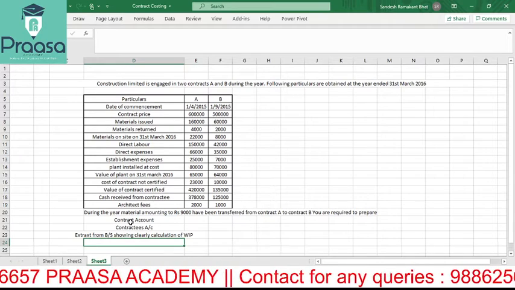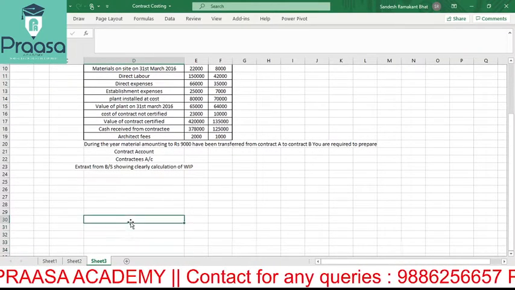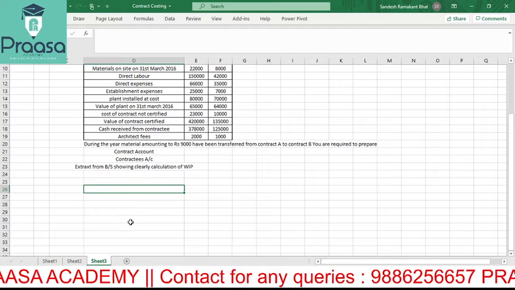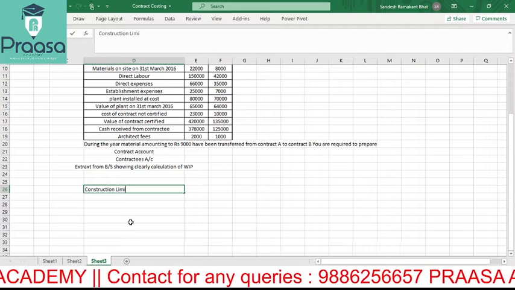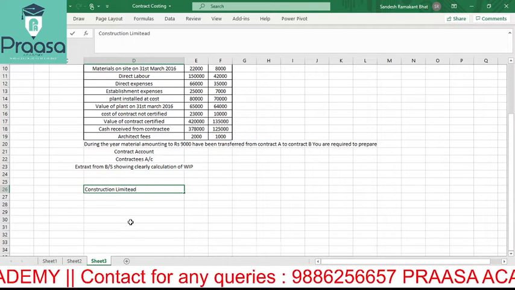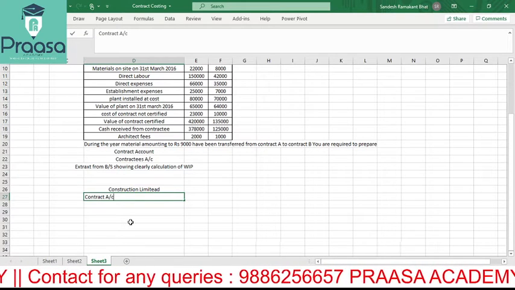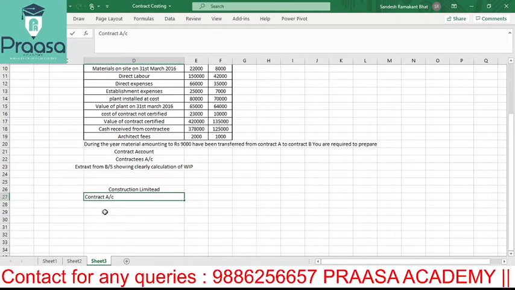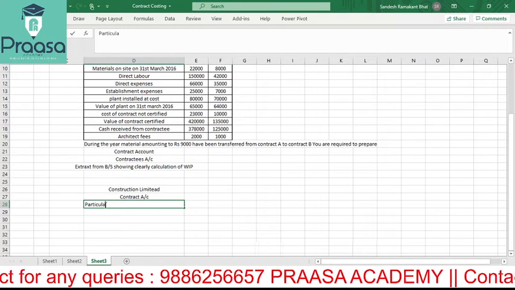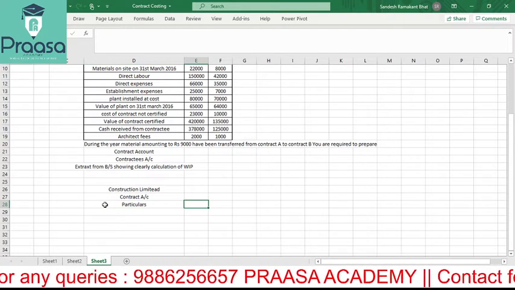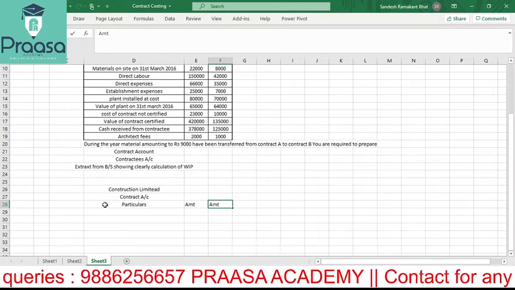So we'll start with Construction Limited's contract account. We know what details should be there: particulars and amount, so two columns, one inner column and one outer column.